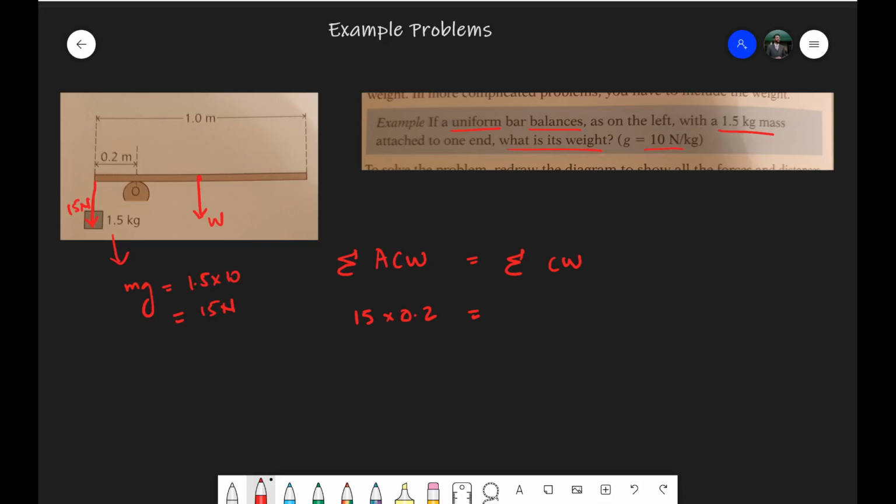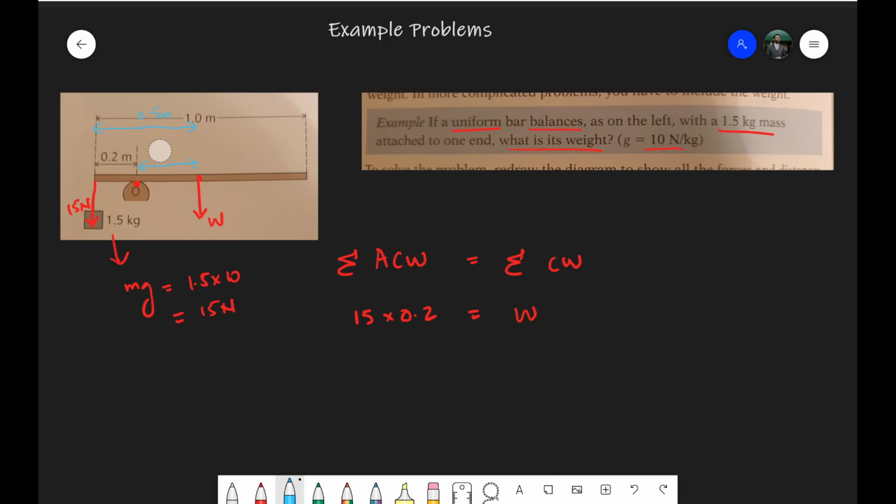We are using point O as our pivot, so we can move on to the right hand side of the equation. The weight, which is not known right now, so we're just going to write it as W in the equation, is how far away is it from the pivot. So this is the distance that you need to figure out. Well, we know that the weight is right in the center of the beam, and since the beam is 1 meter long, it means that from the left hand side that distance is 0.5.